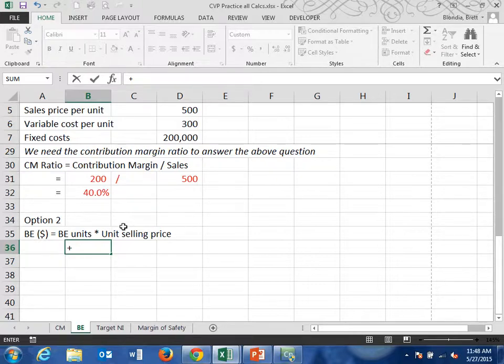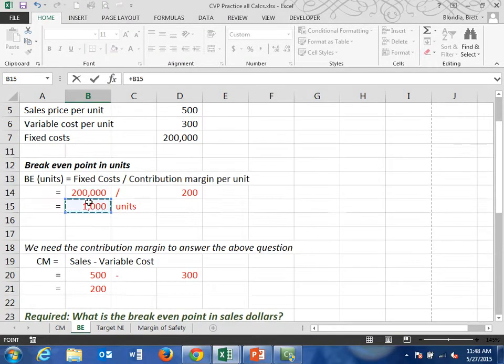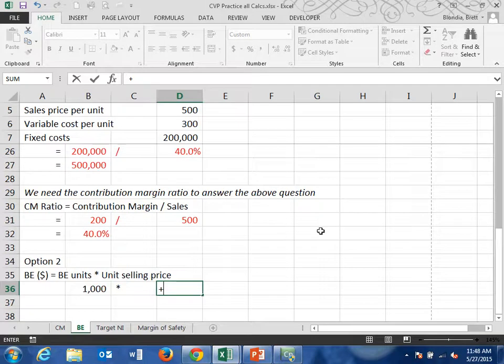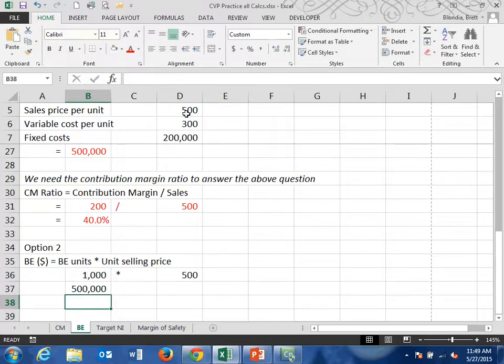So if we go back up top, we said the break-even point was 1,000 units. That's my break-even point in units. I need to multiply that by the per unit selling price, which is $500 a unit. I sell these DVD players for $500.